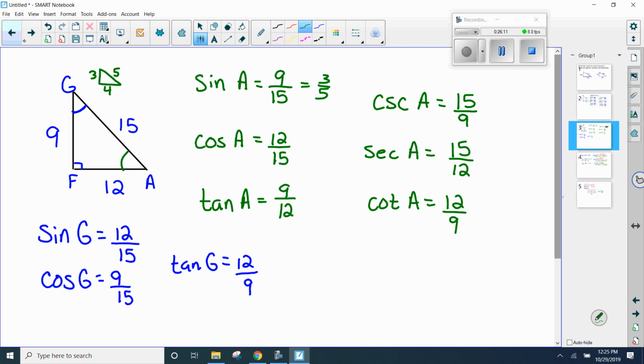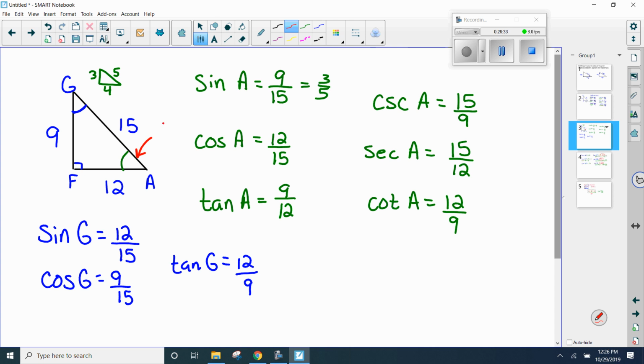No. Let's figure out what that is. What is that angle A? Well, that's what you have right here. The sine of angle A is equal to 9/15 or 3/5, right? So if I want to know what is this angle measure right here in a 3, 4, 5 triangle, what is that angle measure, the smallest angle measure?